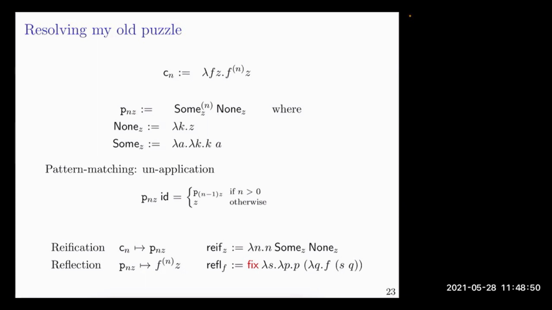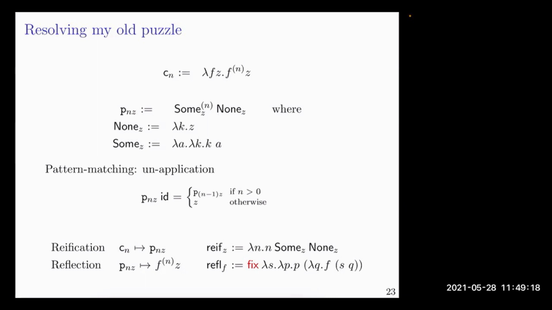Well, the trick is, again, change the representation. So instead of f^n z, which is an n times repeated application of f to z, we use a different representation. I will use P_n z. It's n times iterated some applied to none, and all indexed by the z.